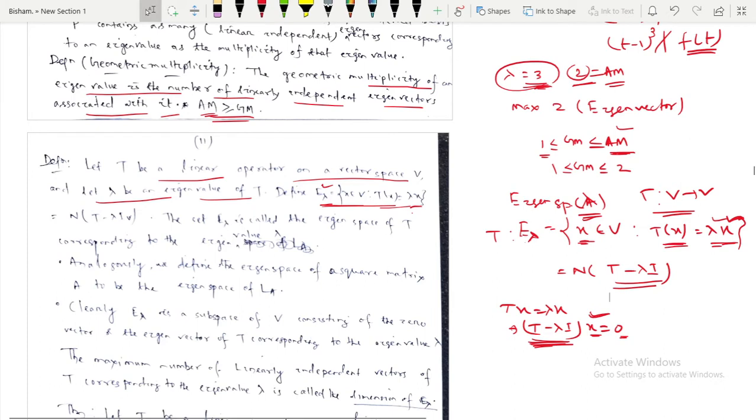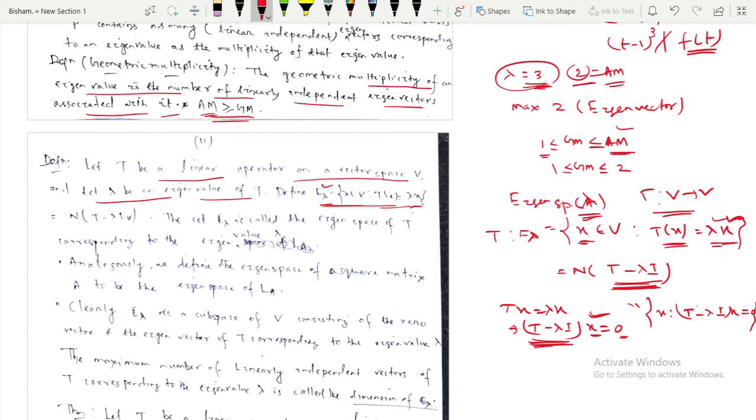We already know what the null space of an operator is. Suppose T minus lambda I is an operator; what will be its null space? Those elements x such that T minus lambda I applied to x is equal to 0.